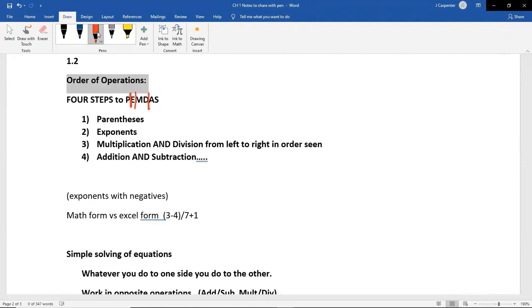If you see a multiplication, then a division, then a multiplication, then a division, you will do them in that exact order. If you see 10,000 divisions and then a multiplication, you would do the 10,000 divisions first and then the multiplication. There's only 4 steps. The same is true for addition and subtraction.